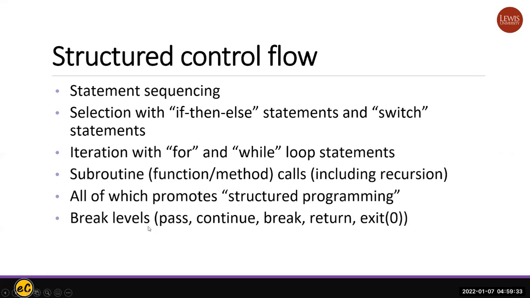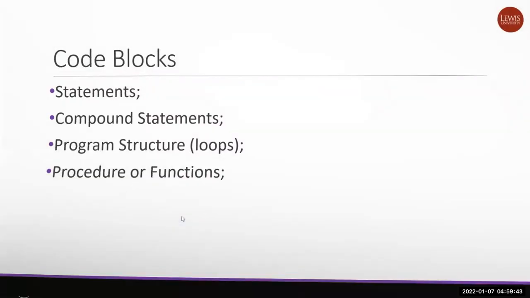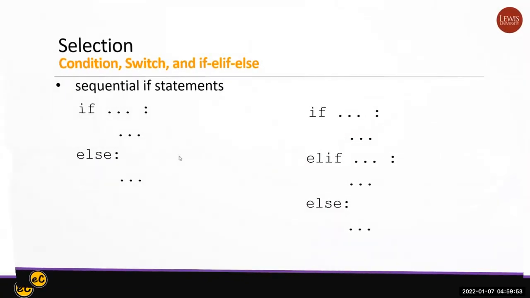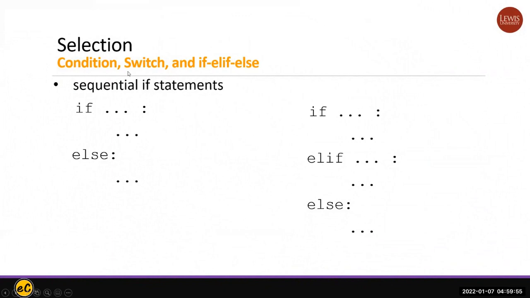Okay, and there are break levels: pass, continue, break, return, and exit. This is somewhat not structural, but it's good to have. Okay, Cobra with statement, compound statement, program structure and loop, and procedure and function. And for selection we have condition, statement, switch, if then else.